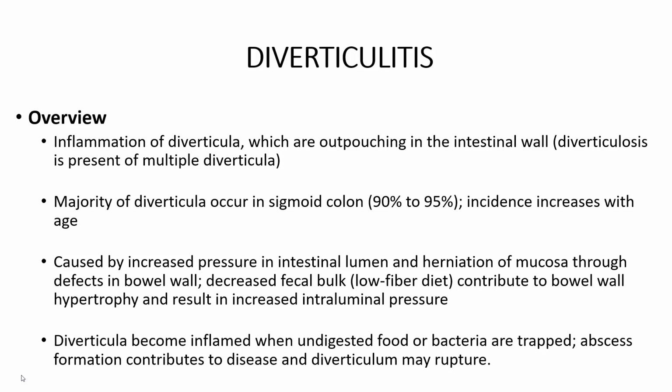We talked about severe constipation, obesity, poor diet, and how it develops gradually with age. So diverticulitis can be prevented by increasing dietary fiber to prevent constipation, which would prevent the onset of diverticulosis.